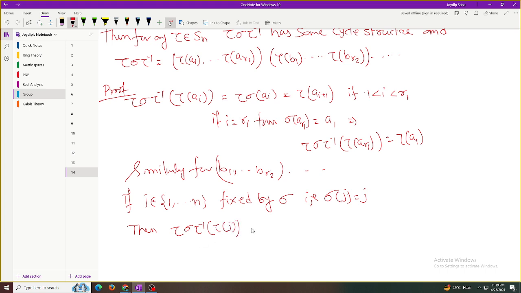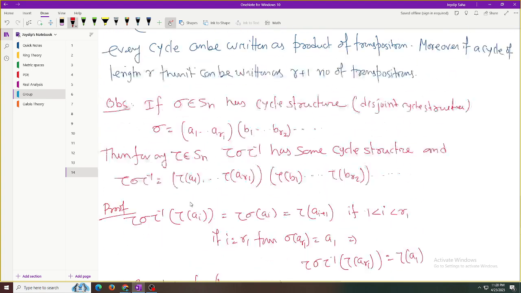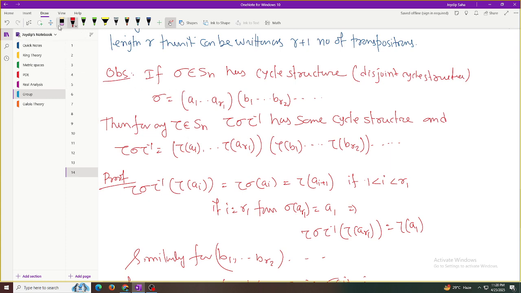It equals tau sigma j, which equals tau j. So tau j is fixed by tau sigma tau inverse. So proof is done. So you need not do for disjointness, there is no disjointness, so just product of cycles, it is okay.